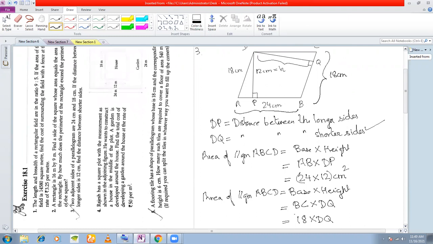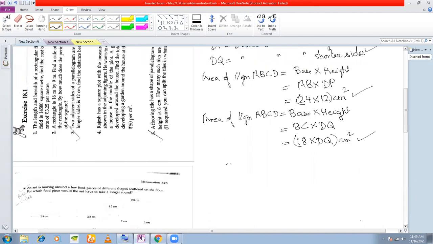So now we are getting area of parallelogram ABCD as 24 into 12 and area of parallelogram ABCD as 18 into DQ. So these two must be equal. Therefore, 24 into 12 must be equal to 18 into DQ, right? So from this, now you can find out the distance between the shorter sides, DQ.